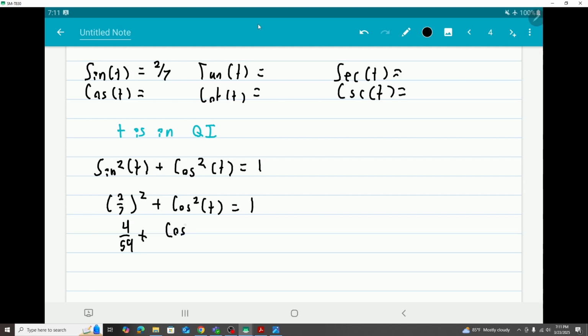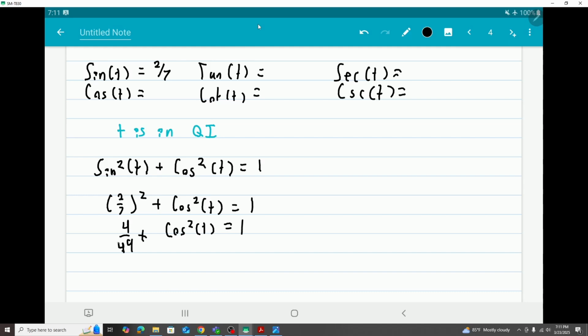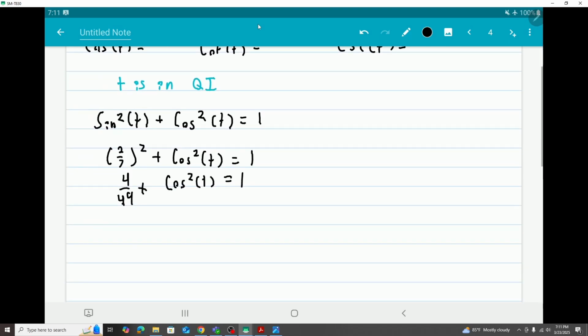Plus cosine squared of t is, that should be a 49, not a 50. 4 over 49 plus cosine squared equals 1. So now I subtract 4 over 49 from both sides. So we get cosine squared is 1 minus 4 over 49.